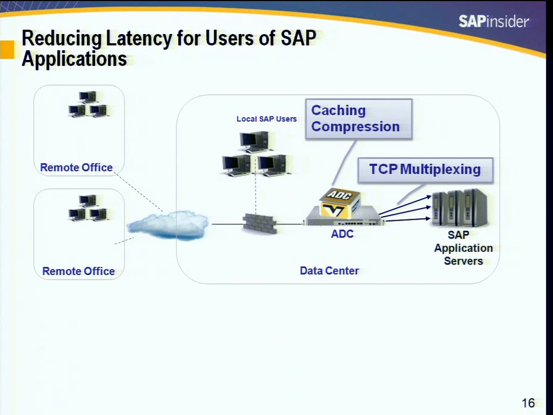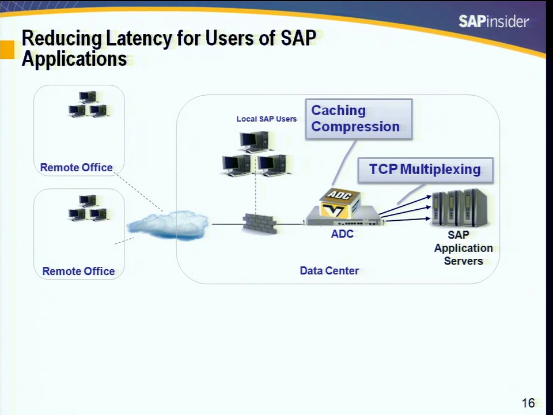The other aspect is caching and compression. Let's say I'm a branch user trying to access a document, and that document will probably be accessed by other users in the branch as well. The ADCs use caching technology to cache that information the first time it's available, and then serve a cache hit if another user tries to access that information.